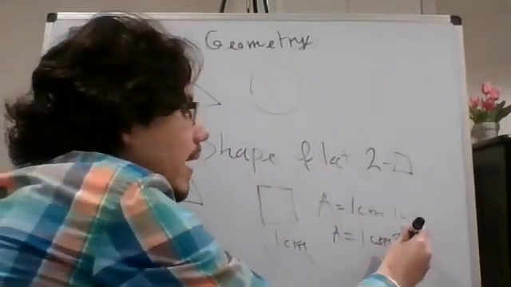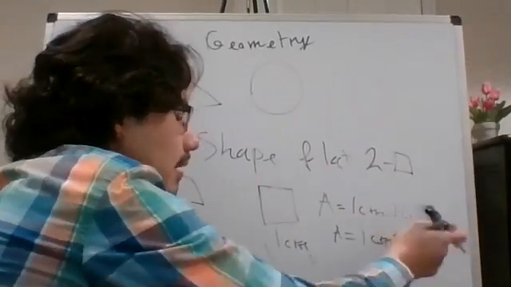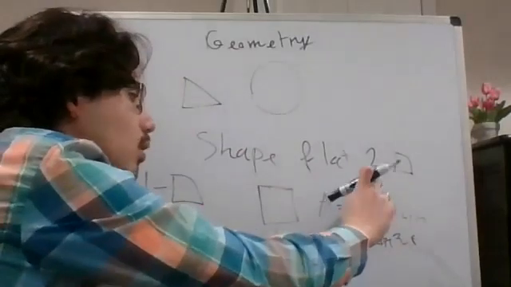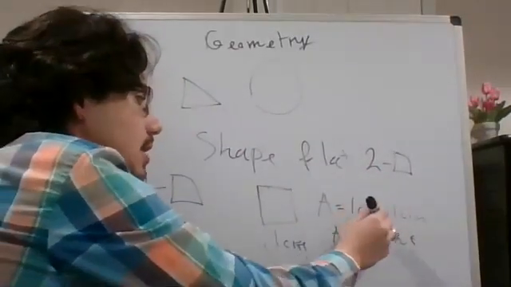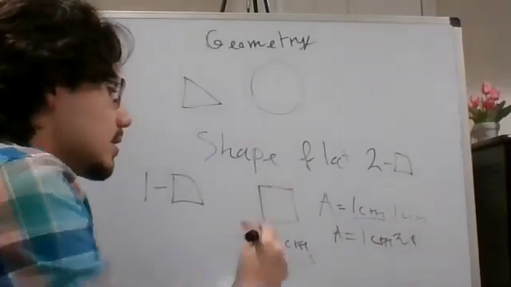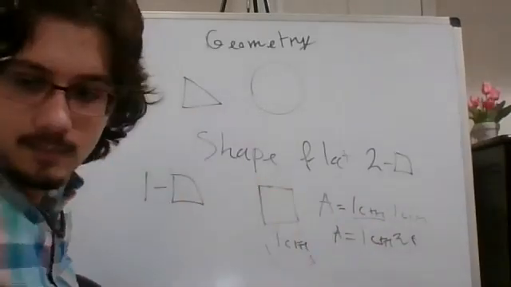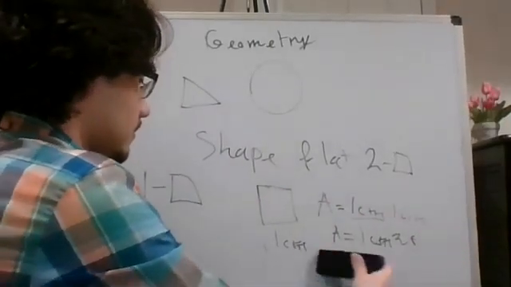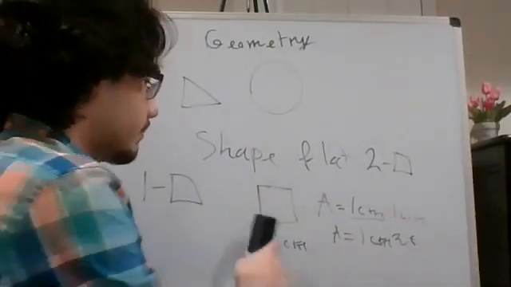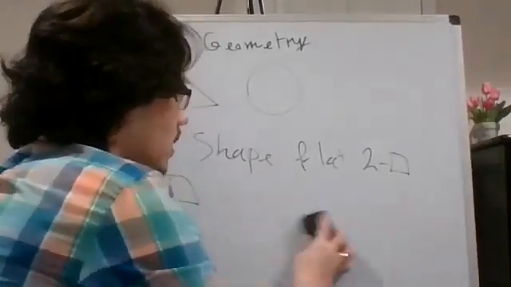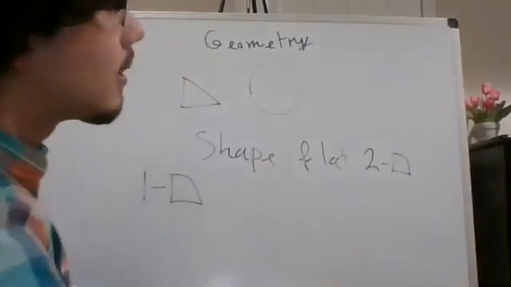Since the square represents the 2 in two-dimensional, the power of 1 for just 1 centimeter means that one-dimensional describes a line. Any questions? No, sir. So one-dimensional describes a line.